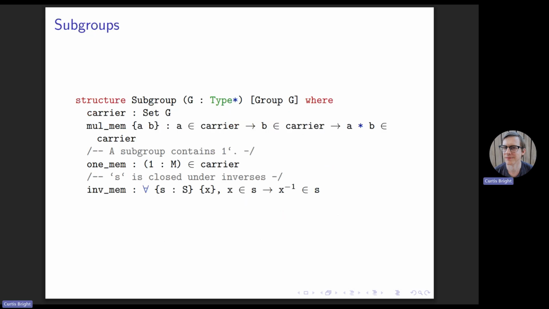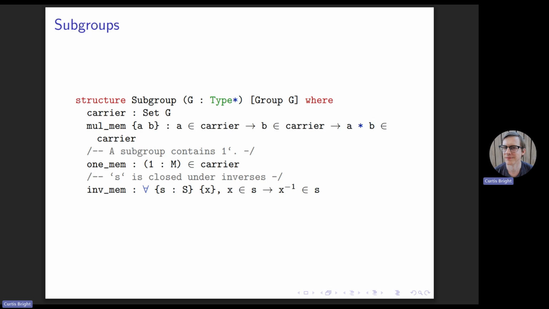Then we have subgroups defined on a set. So instead of having it be defined on just a type, where we have to define some sort of type coercion, or a subtype where we have this sort of thing going on, also a type coercion, we have our carrier set, and we have the closure requirement: if A and B are contained in the carrier set, then A times B is contained in the carrier set.